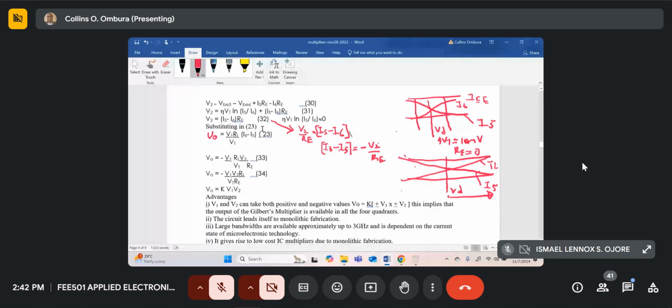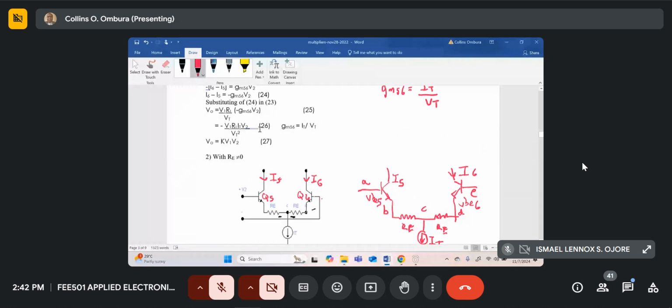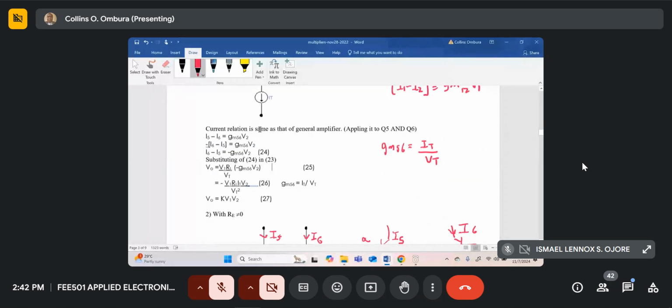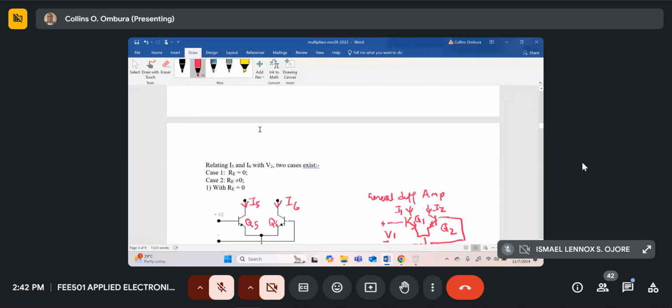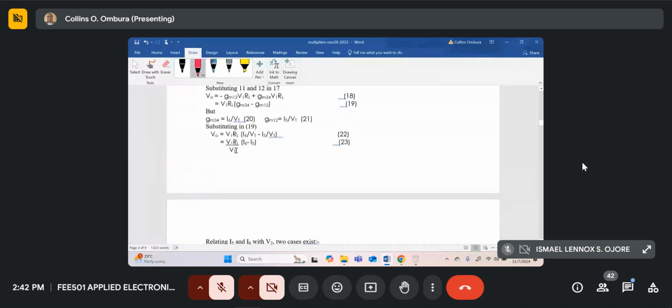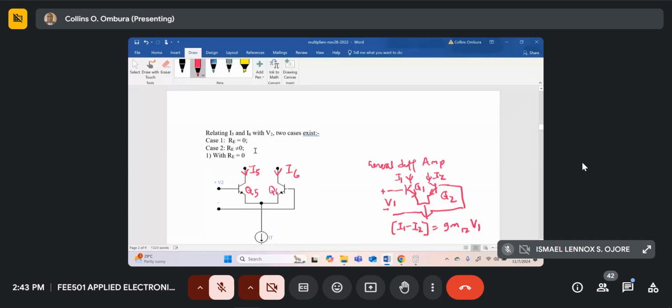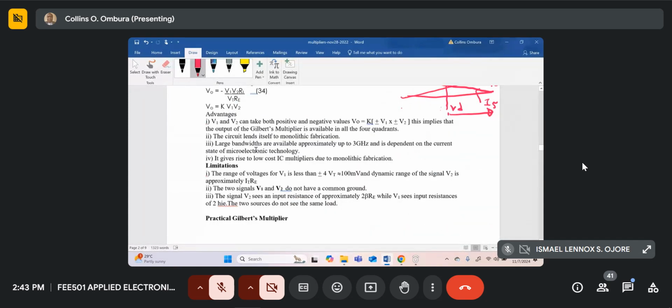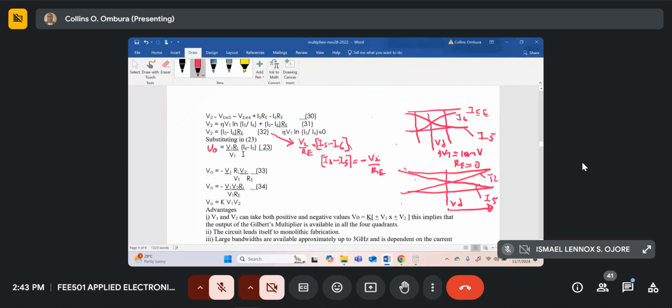Okay, maybe some of you are not convinced, so let's just go back to our notes. Here's equation 23. V naught is equal to V1 RL over VT into I6 minus I5. But in equation 32, we've got it in terms of I5 minus I6.